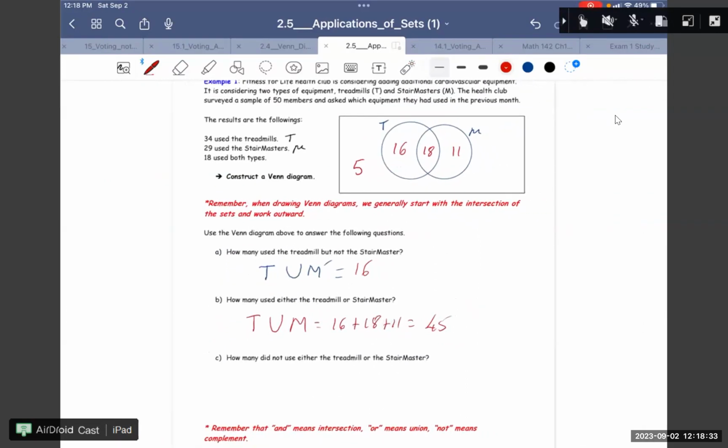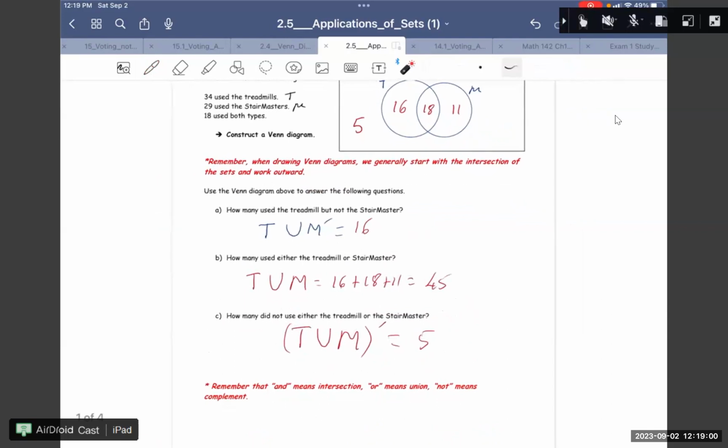How many did not use either the treadmill or the Stairmaster? What does that mean? They did not use either, so this is a complement. So this one is 5.